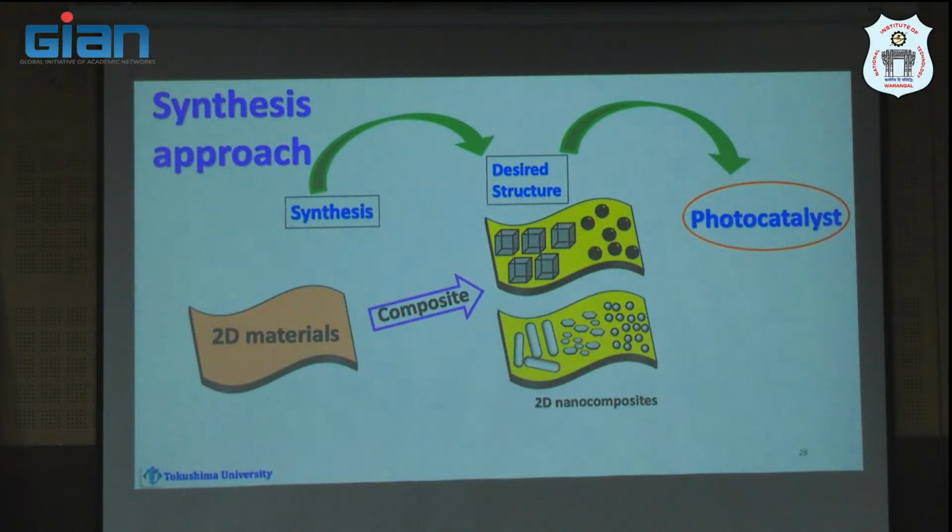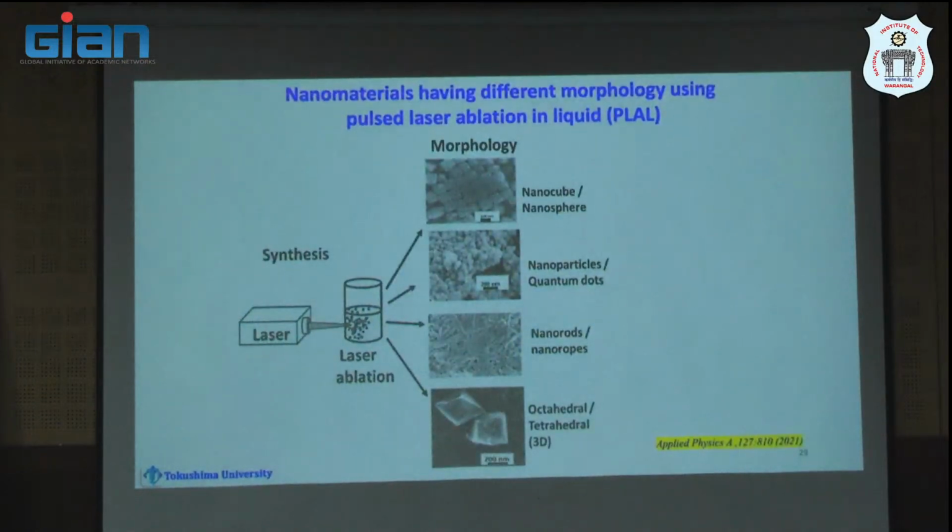And then it is tested for photocatalysis. We are using laser ablation, and we have created this kind of structure in our laboratory. So this is nanocube, this is nanoparticle, quantum dot, these are nanorod, nanorope, and this is an octahedral structure. All these structures are created in our laboratory.